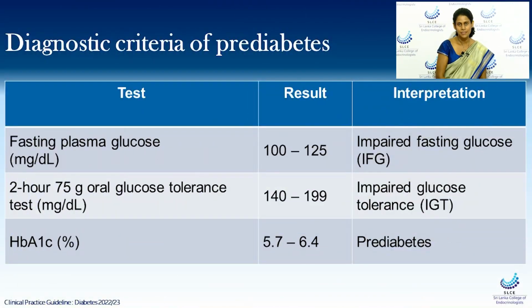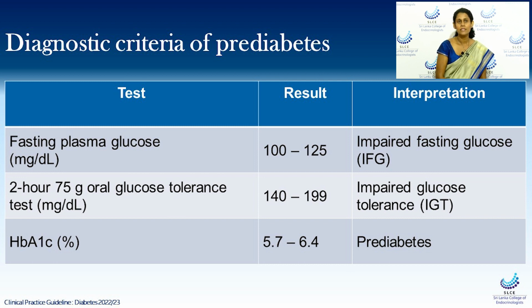Now the diagnostic criteria of prediabetes is as follows. If we do a fasting plasma glucose, if the result is between 100 and 125 milligrams per deciliter, that would point towards a diagnosis of impaired fasting glucose.